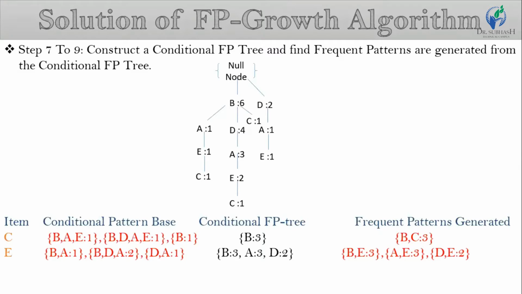And in the third transaction, B, A: 1, meaning in this branch E occurs 1 time. So this forms the conditional pattern base. So the answer is B: 3, A: 3, D: 2. So this path will generate all combinations of frequent patterns. So the frequent patterns are B, E: 3; A, E: 3; and D, E: 2.